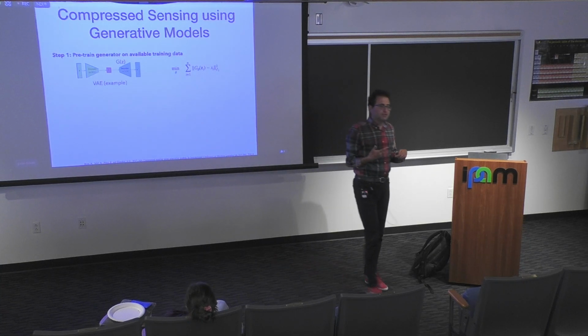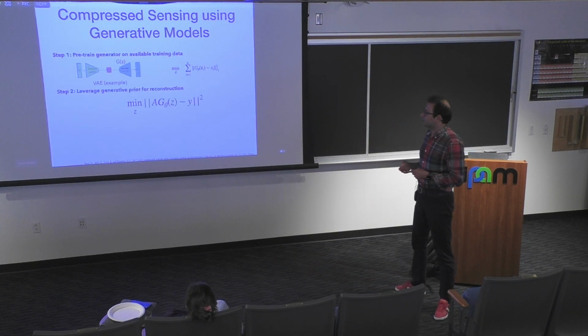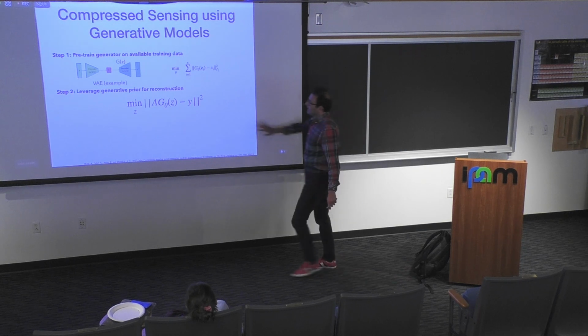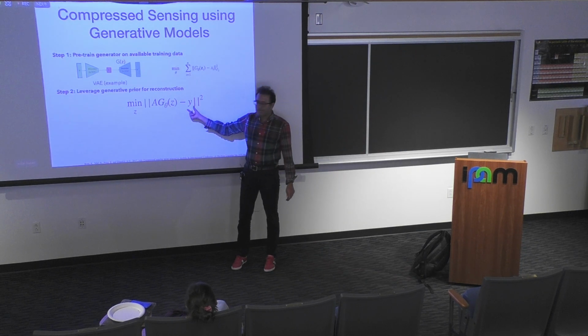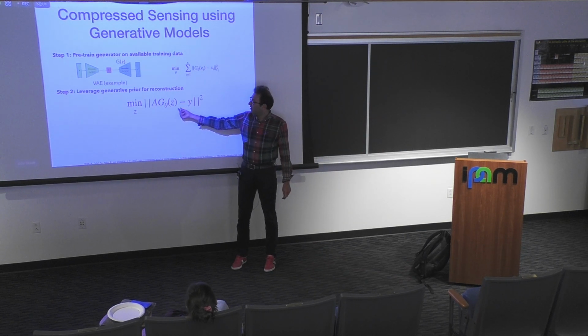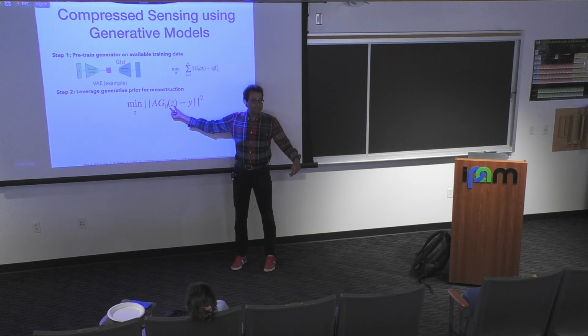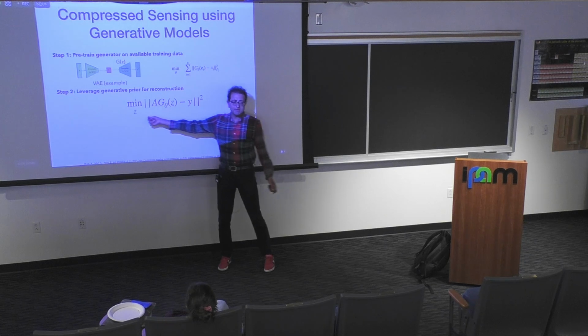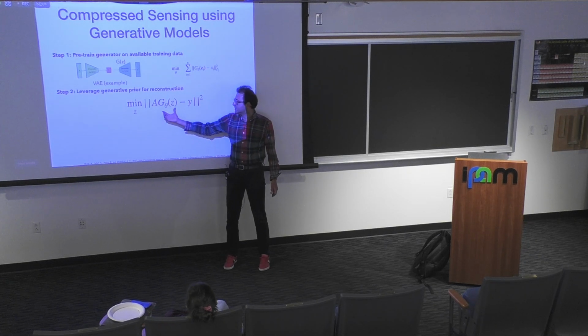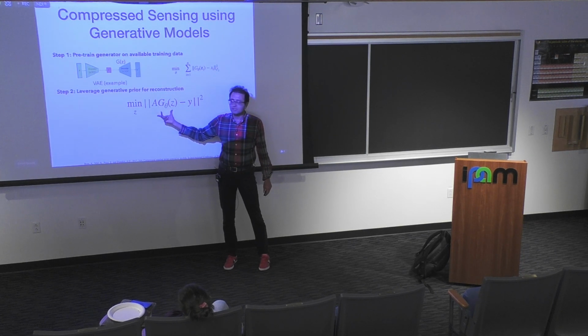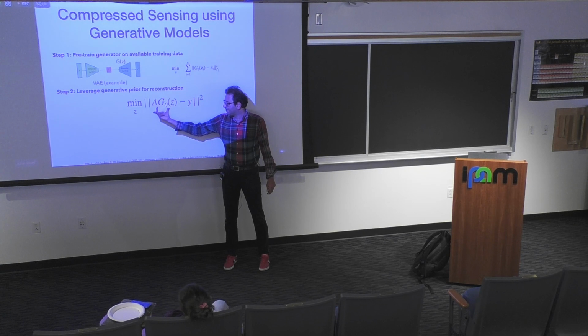Once you learn this generator, then you could say, okay, using the parameters of the learned generator, if I have a new measurement, now I'll play around with the latent representation of the data. So this is no longer Gaussian noise, but you actually minimize over it. This is supposed to be a representation of your model, so you take measurements from this representation. You apply the forward map.